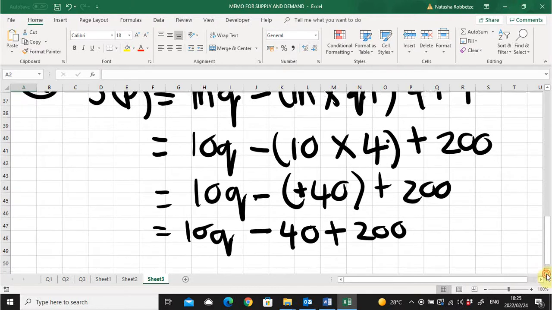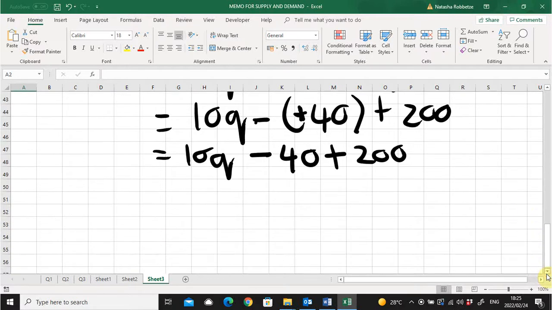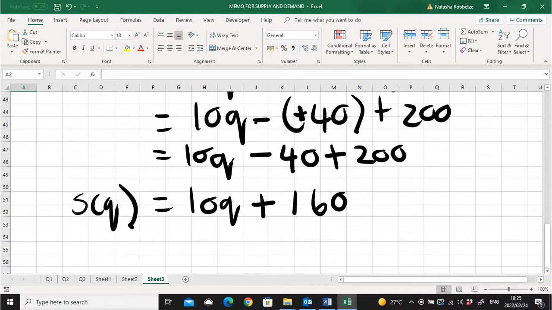And that will then leave us with 10Q, 200 minus 40 is positive 160, which is our supply. Beg your pardon, this should be price, the price of our supply. Let's try again. SP equals 10Q plus 160.